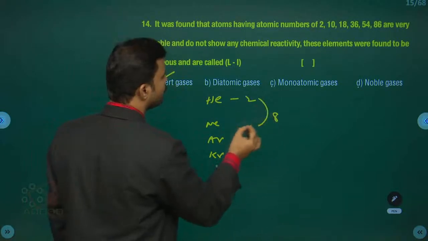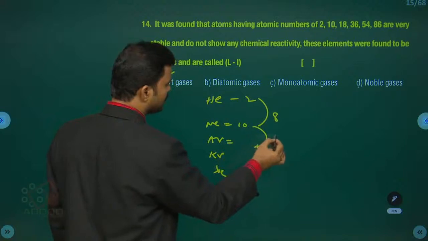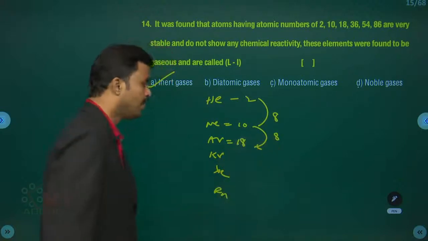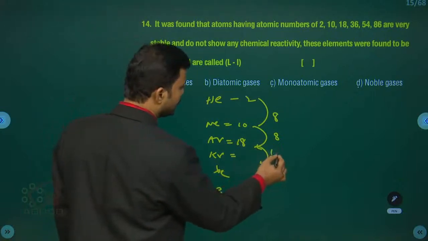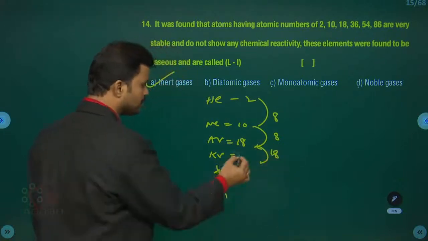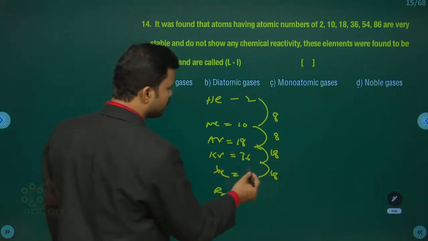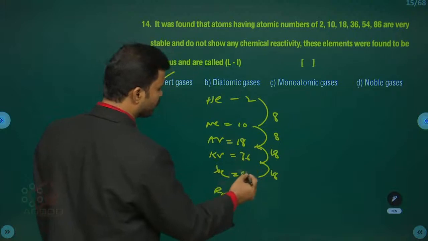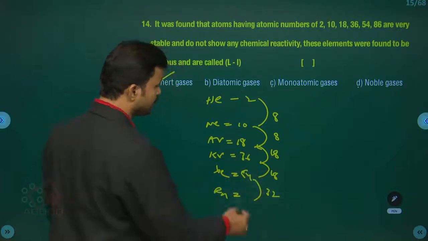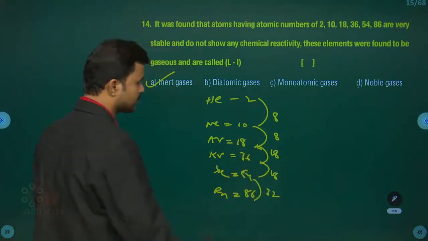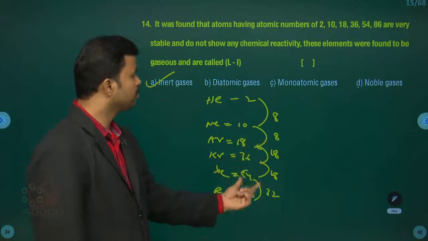So 2 added with 8, we get atomic number 10. 10 added with another 8, argon, atomic number 18. 18 added with 18, krypton, 36. 36 added with 18 gives 54. 54 added with 32 gives 86. These are the zero group elements and their atomic numbers.